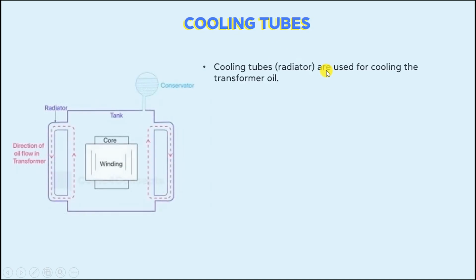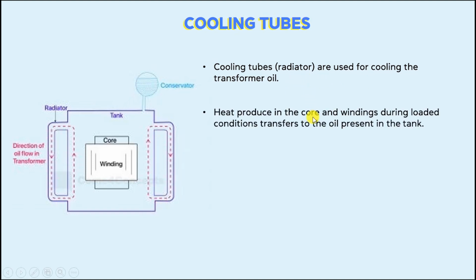Moving forward, one of the most important parts of a transformer is the cooling tubes or radiators. Cooling tubes or radiators are used for cooling the transformer oil. Now, during loading conditions, the core and windings of a transformer transfer their heat to the oil, due to which the transformer oil gets heated.